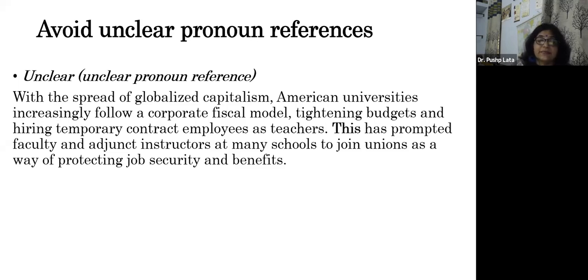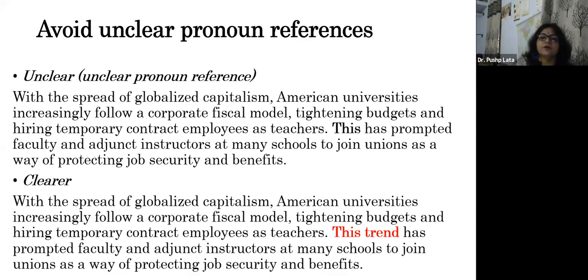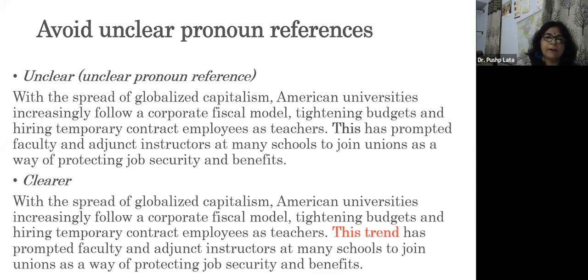What is this? Here you are talking about the trend. So naturally, if you use the word clearly, this trend has prompted faculty and adjunct instructors at many schools to join unions. It makes the meaning rather clearer.